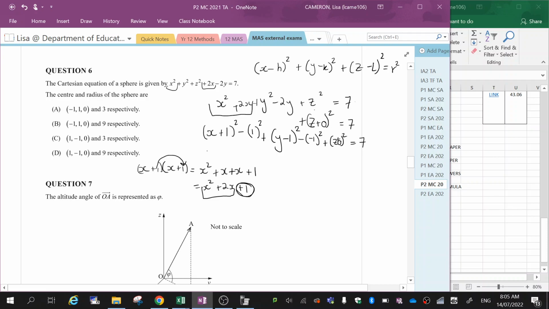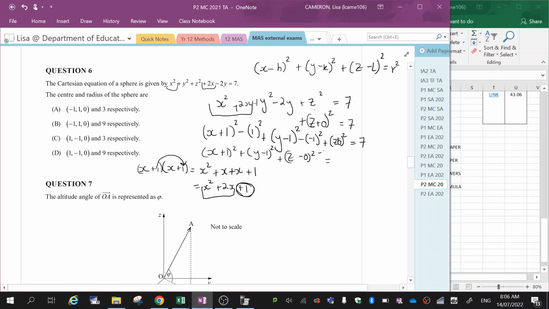Okay, so now I can simplify what I've got. X plus 1 squared plus y minus 1 squared plus z minus 0 squared is equal to, now let's start examining these parts. So 1 squared is 1, so that's minus 1.